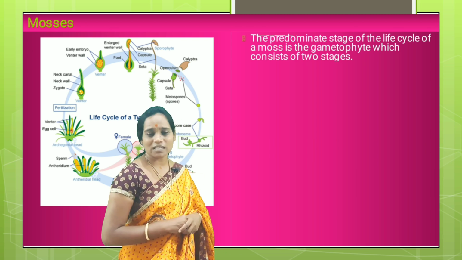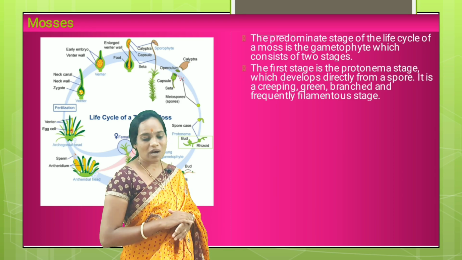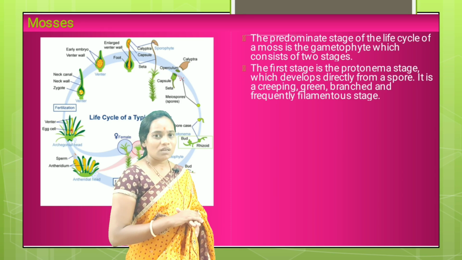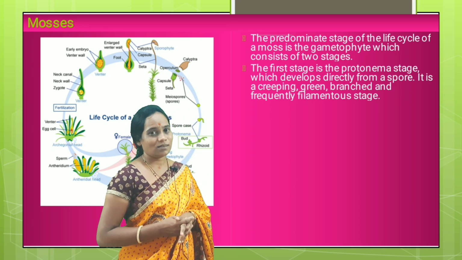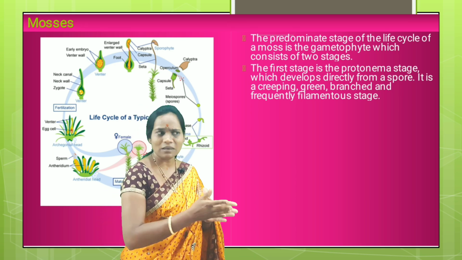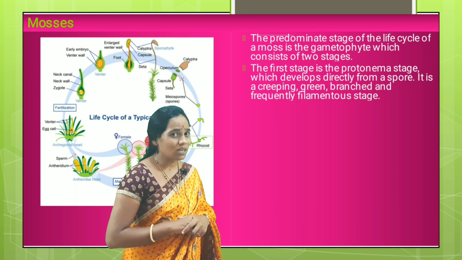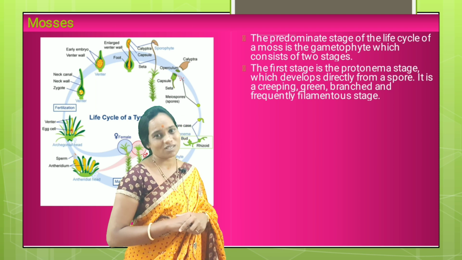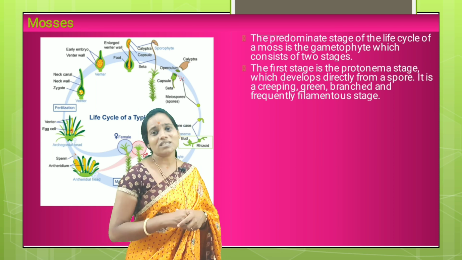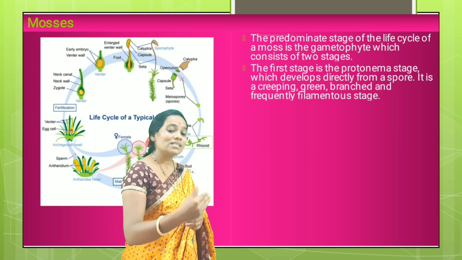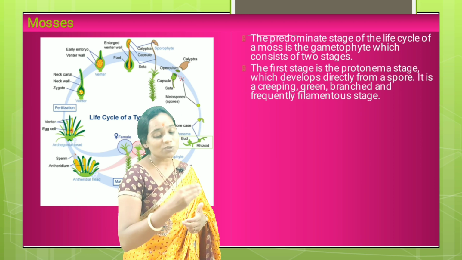The first gametophytic stage of mosses is the protonema. It is a gametophytic plant body developing directly from the haploid spores.